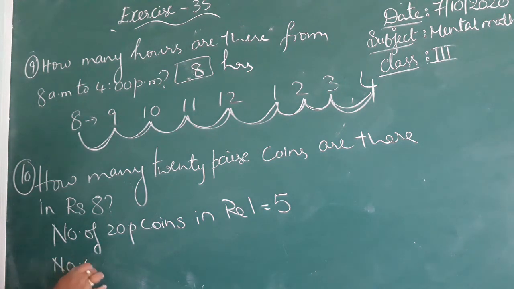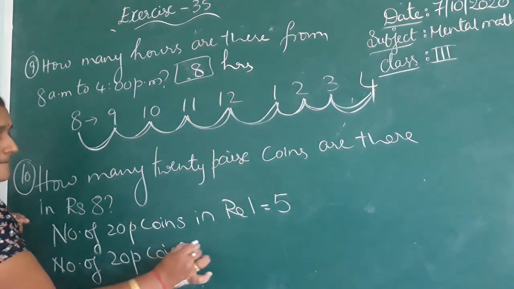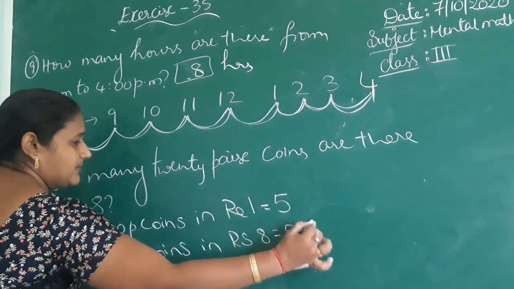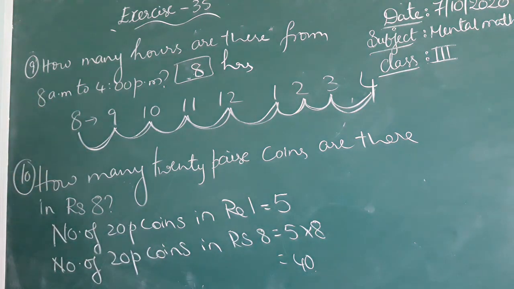Number of 20 paise coins in 8 rupees. 5 eights 40 coins. How many 20 paise coins in 8 rupees? 8 rupees 40.